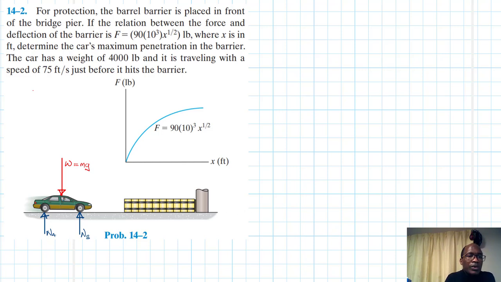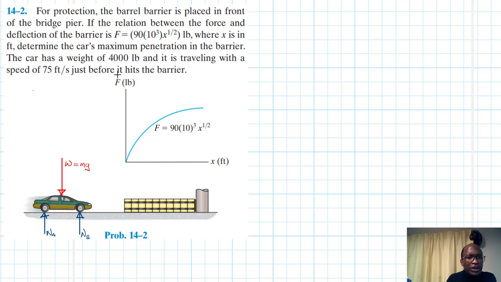Right. So the velocity of the car just before it hits the barrier is 75 feet per second.